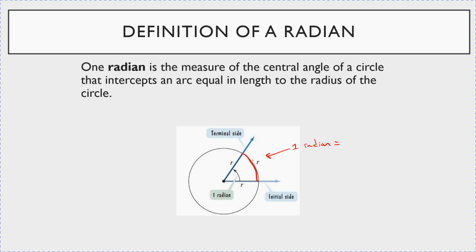Because it would be length of intercepted arc divided by the radius. Well, here what we're saying is that length of the arc is the radius, so it would just be r divided by r, which is 1. That is what signifies 1 radian.